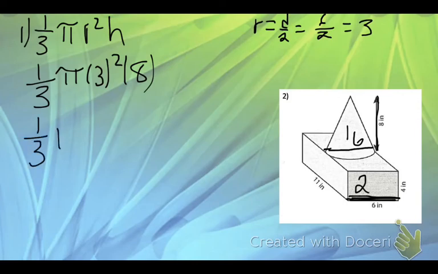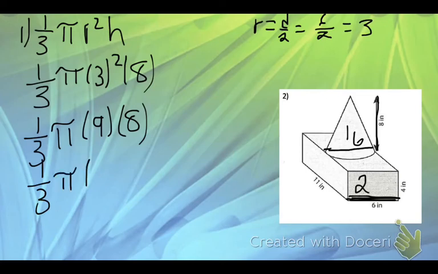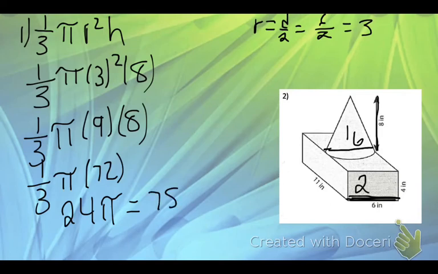So 1/3 pi, 3 squared is 9 times 8. And then we redo 1/3 pi, 9 times 8 is 72. And then we take that times 1/3 or divided by 3, and we get 24 pi, which is equal to 75.398.